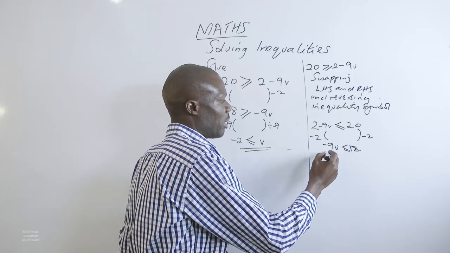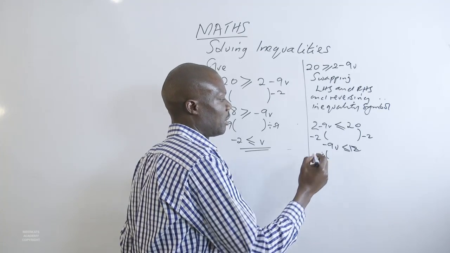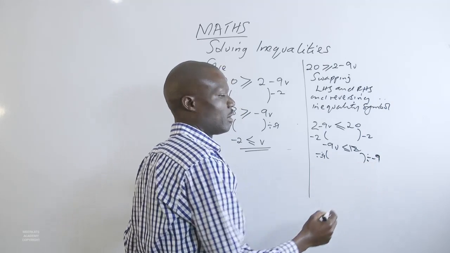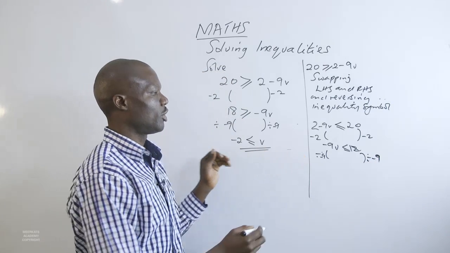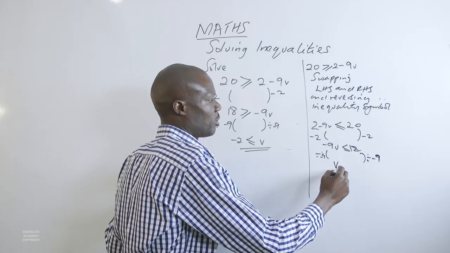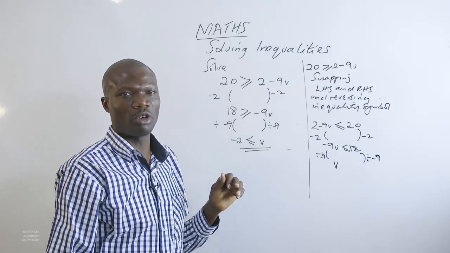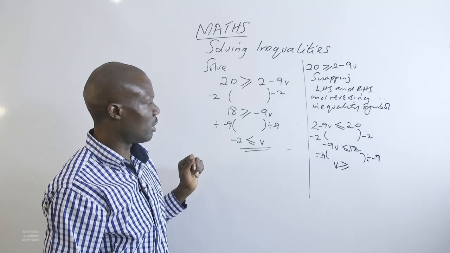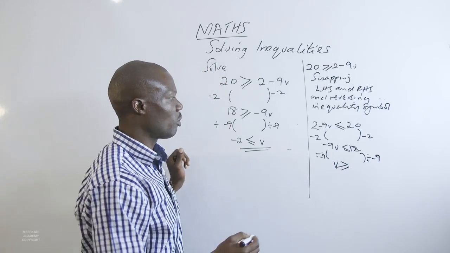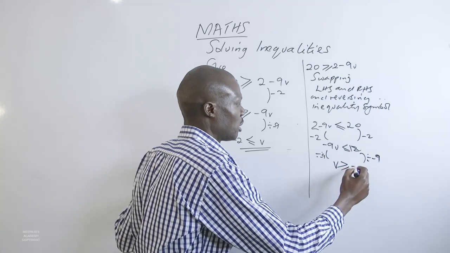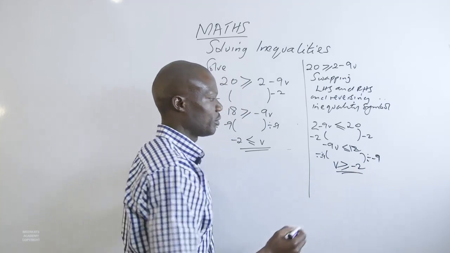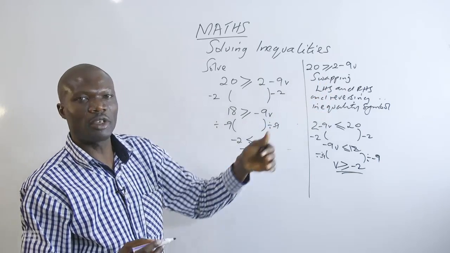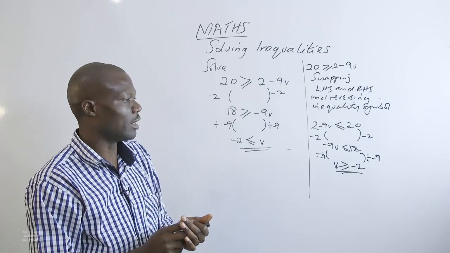Then divide by negative 9 on both sides. You get v, which is positive. Reverse the sign because we are dividing by a negative, so v is greater than or equal to negative 2. That is, if you swap the left-hand side and the right-hand side.